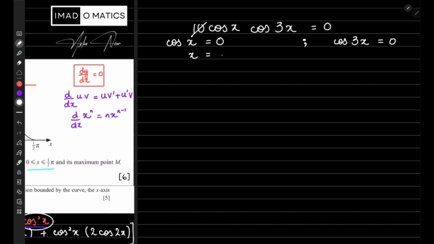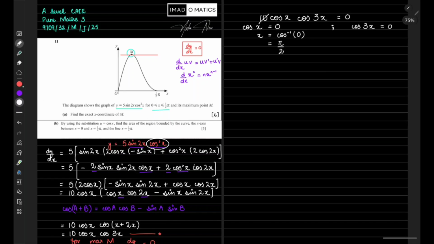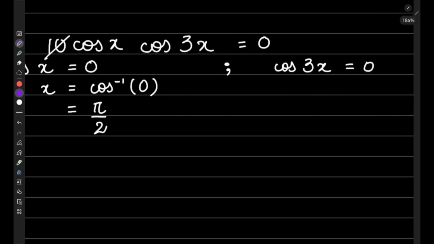So x will give you cos inverse of 0, and that is pi over 2. It is included in the given range, but pi by 2 is this point. We are not talking about this point. We need some point other than pi by 2. So let's solve the other one.